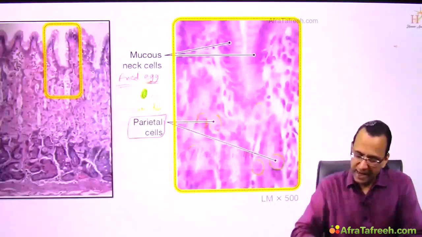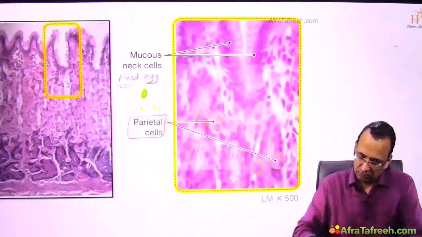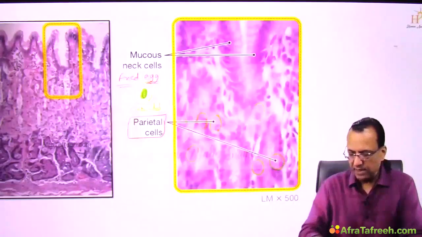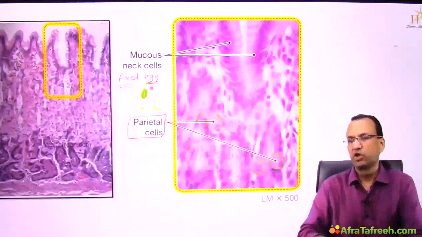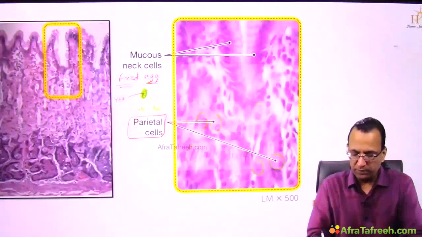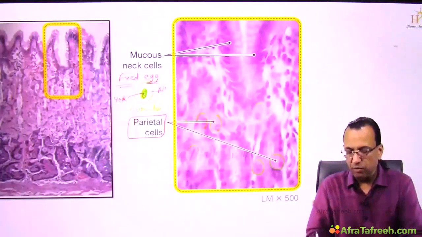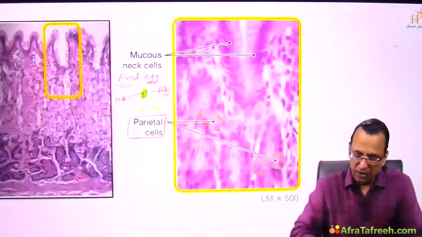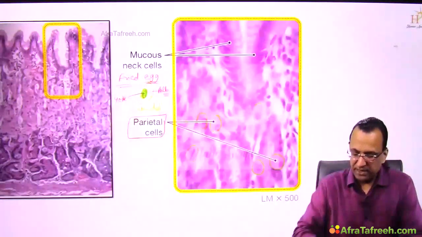Yes, and then they are pink because they are eosinophilic. Yes, and they have a central spherical nucleus, meaning cuboidal cell, right? And they have this fried egg appearance, like this is the central yolk and that is the peripheral albumin.